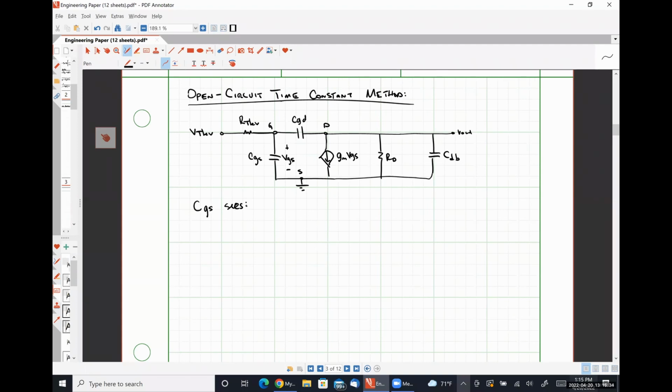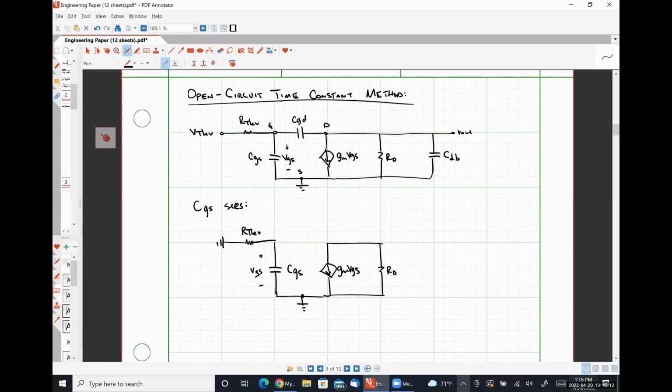So here's CGS. This node down here is grounded. Here's GM VGS. Our voltage drop VGS occurs here. Here is RD. Here is our Thev.